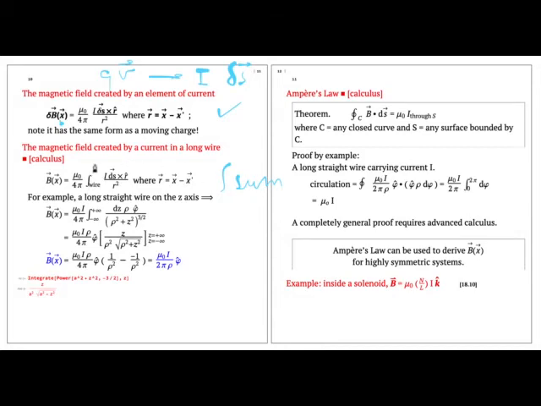Now in this case, I sum over all the parts of the wire. So I'm talking about a wire in the z direction. And here's a little section of the wire. So that's ds. And I'm trying to figure out what's the magnetic field at this point.